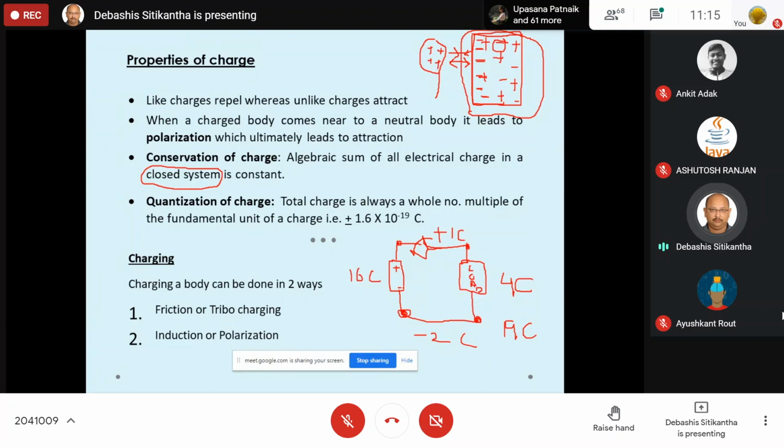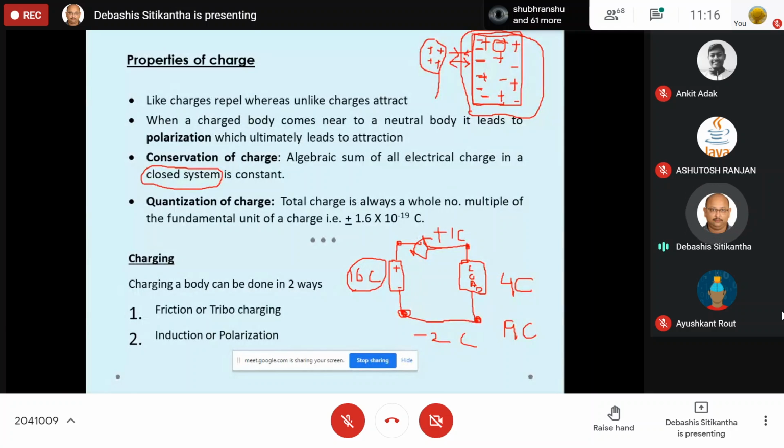Now at any point of time, you cannot judge what is the deposition of the charge on each of these individual components. That means you cannot predict how much charge is present on the battery, on the load, or on these individual wires. But the moment I open up this switch, everything comes back to its original value.